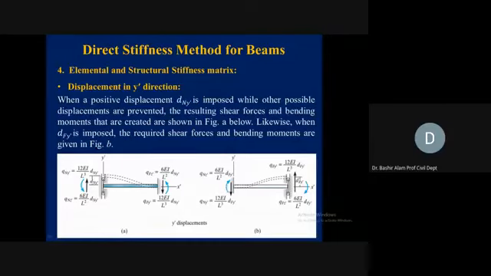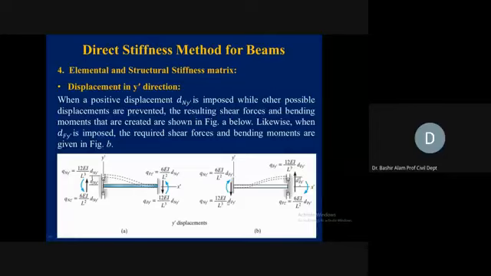The unbalanced couple is in the clockwise direction, so the balancing couple will be in the counterclockwise direction. These arrows again are 12EI divided by L cube, and here again 12EI divided by L cube.